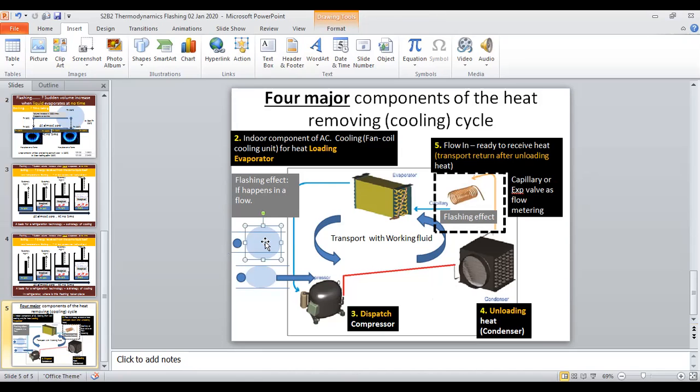Now all of a sudden, because of a pressure drop due to some reason, there will be more liquid and tiny bubbles. So this is how this should happen.